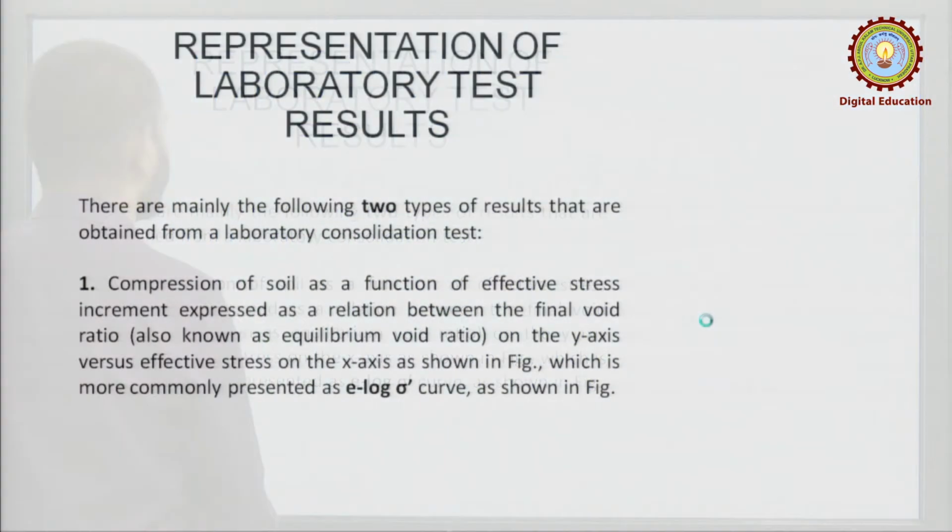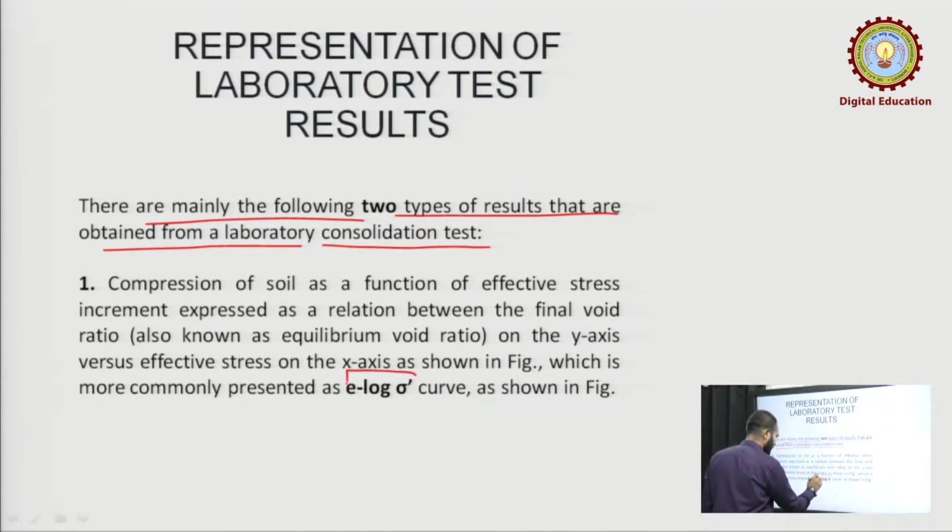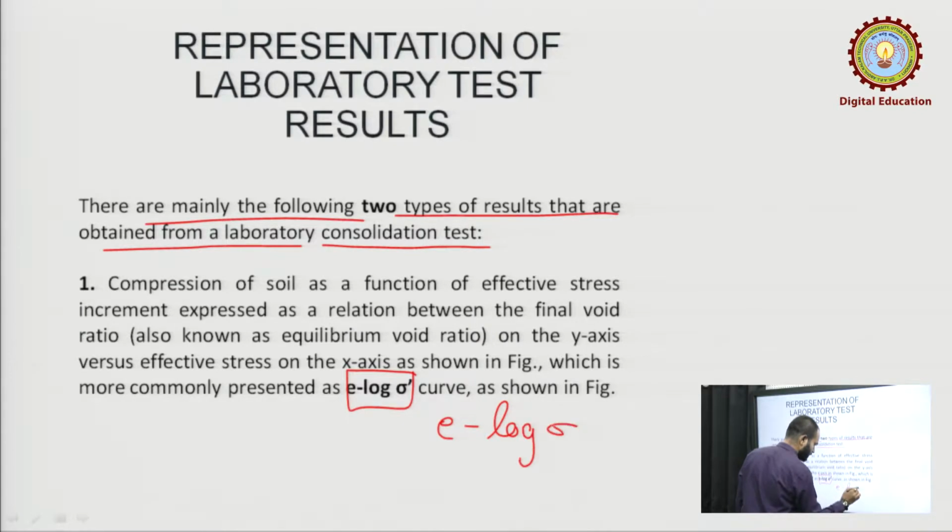Representation of laboratory test results. There are the following two types of results that are obtained from the laboratory consolidation test. One is the e and sigma bar result, which I just now showed you, this graph. And what is the other graph?